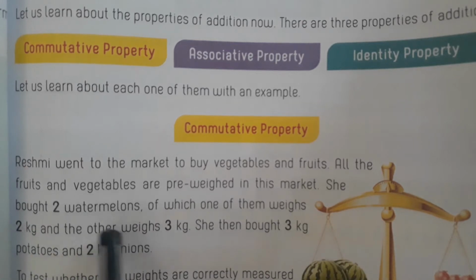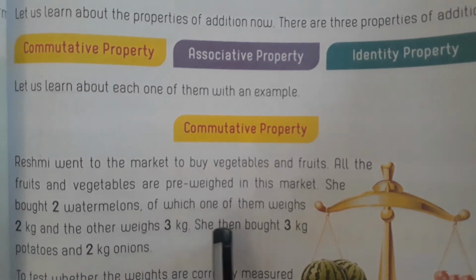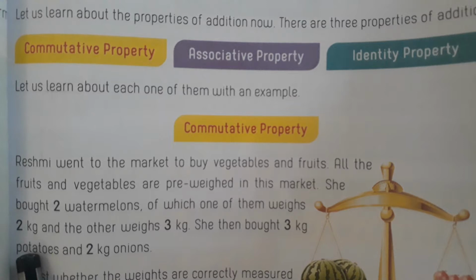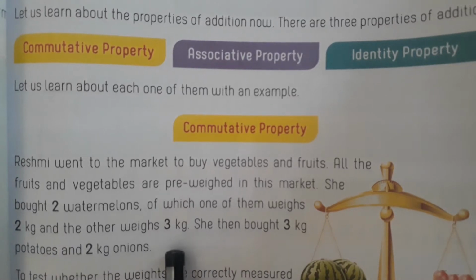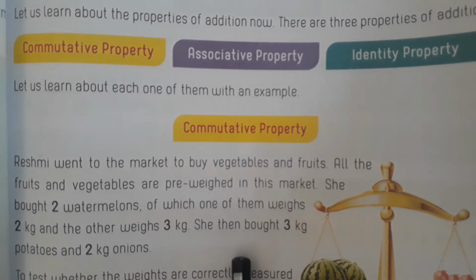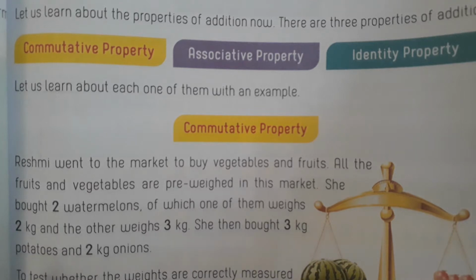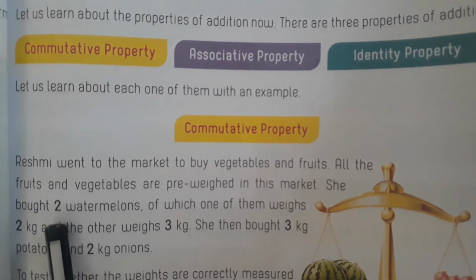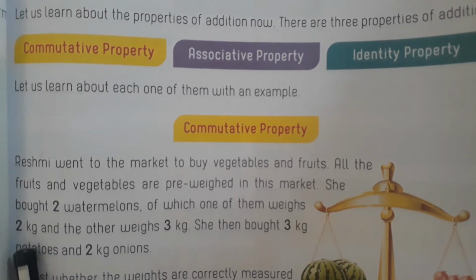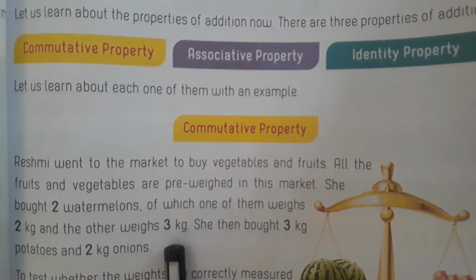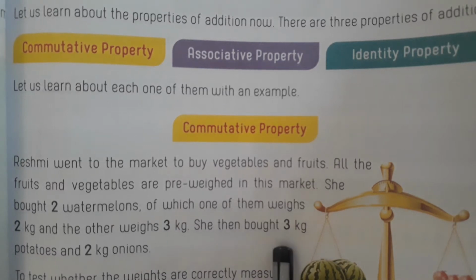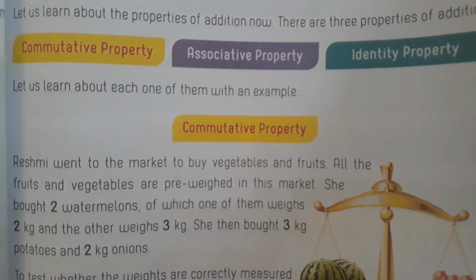She bought 2 watermelons, of which one of them weighs 2 kgs and the other weighs 3 kgs. She then bought 3 kg potatoes and 2 kg onions.